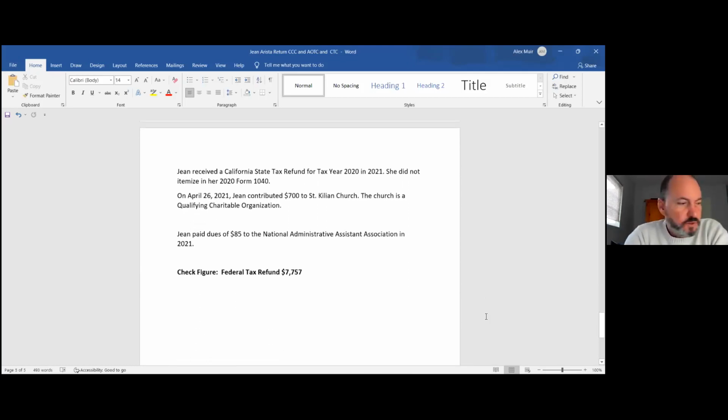And then this is something that we're going to address in our last training session, where individuals receive their state refund and ask, is this state refund going to be included in my federal tax return? The answer is, if you took a tax benefit, i.e. you itemized on the previous federal return on that Schedule A and took the full tax benefit, then any California state refund on your current federal return is going to be a fully taxable event.